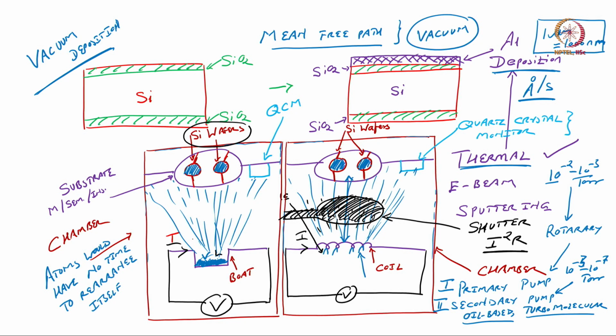So, I require 2 gauges, one which is called Pirani gauge and second which is called Penning gauge. Pirani gauge is used for vacuum of the order of -2 to -3, Penning gauge is used for vacuum of the order of -5 to -6. Okay.